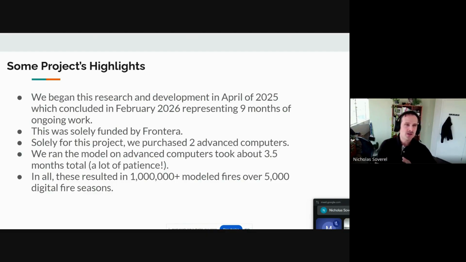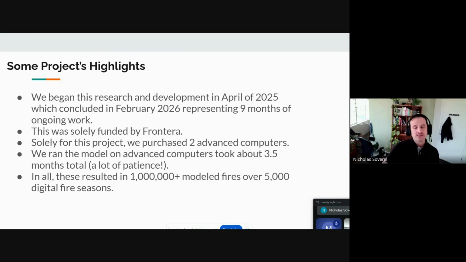So before I conclude and let Holden take over and show you all our data products, I want to go over just some big highlights on what we've done to get here. We began this research and development last year in April, and we've just recently concluded.